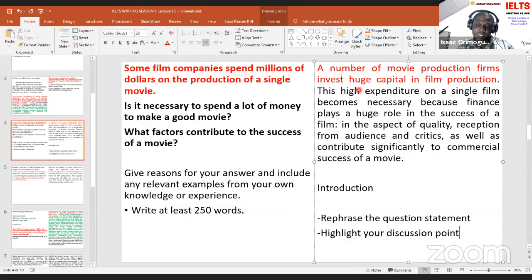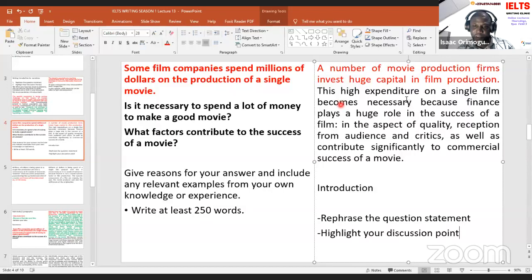Okay, that was what I did here, and this was the question. Some film companies spend millions of dollars on the production of a single movie. I wrote this one in class previously. A number of movie production firms invest huge capital in film production.